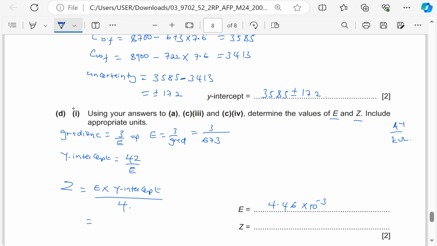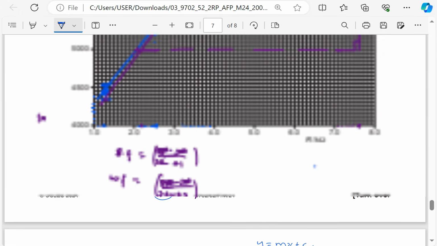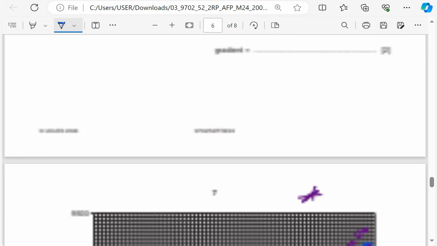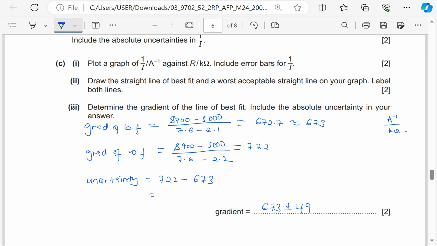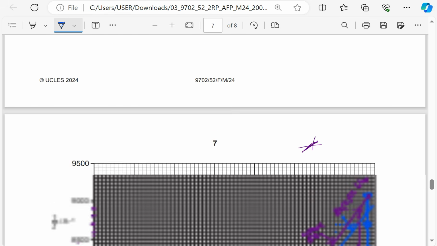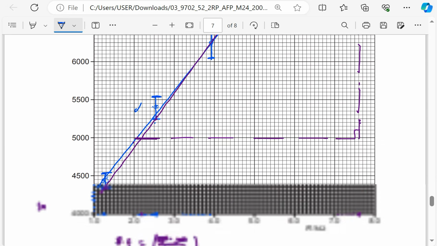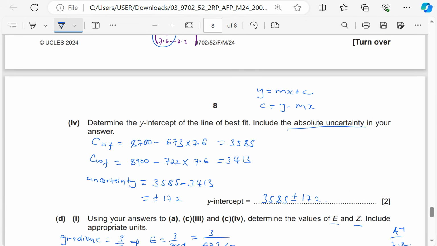So remember this was per ampere per kilo ohm. I want to remove the kilo here, so I'll say times 10 to the power of, let me see where the kilo will be on the gradient. The denominator is the one which was times 10 to the power of 3. So when I get the reciprocal, the power of 3 goes up.